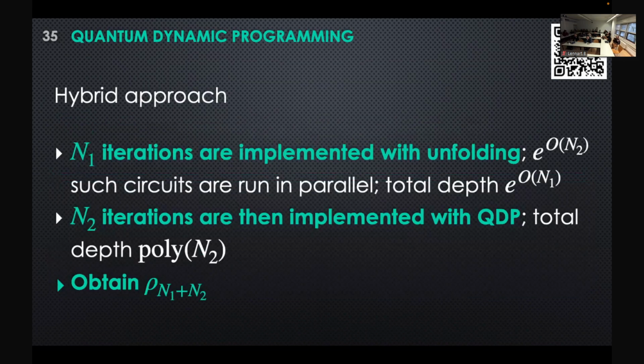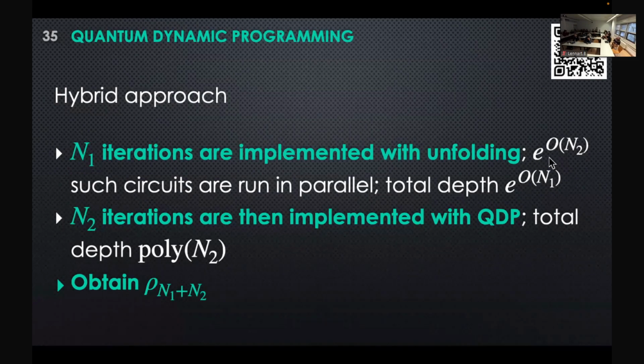In my opinion, the more practical thing would be to hybridize this unfolding approach with our dynamic programming approach by first executing N1 iterations with this unfolding approach and doing it in parallel this number of times.